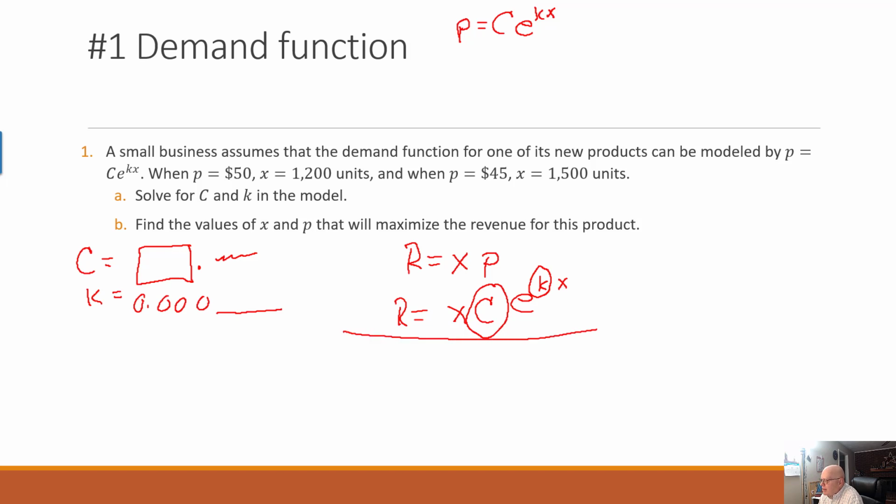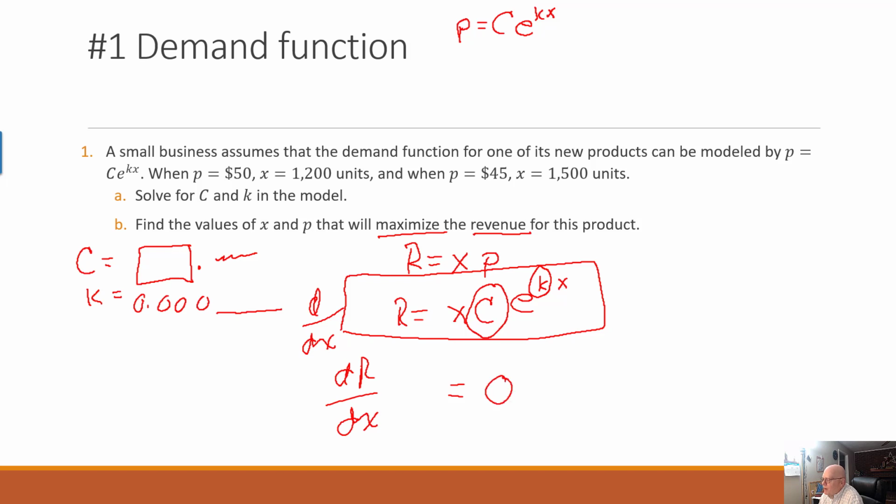Take this formula for the revenue, and since you want to maximize the revenue, you're going to take the derivative of this whole thing, d dx, and then the next thing is you take this dR dx, set it equal to 0, and you can find what the x value is and maximize it.